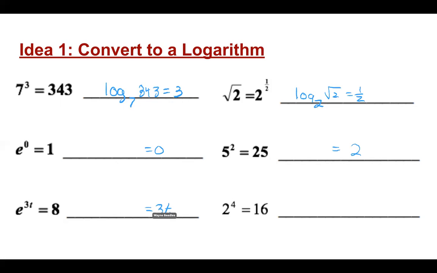So whenever it's natural log, or it's Euler's number e, it's going to be natural log of 1. And this one would be log base 5 of 25. This would be natural log of 8 is 3t. And this would be log base 2 of 16 is 4.